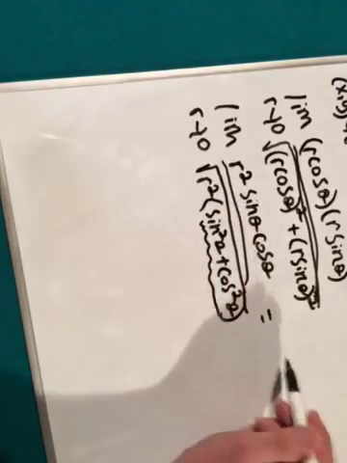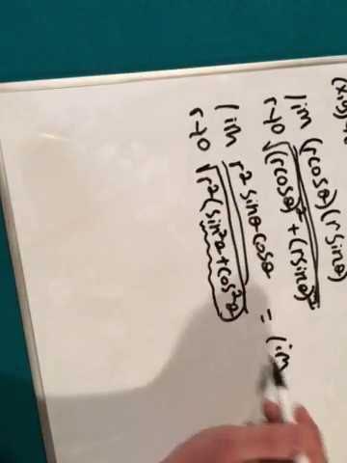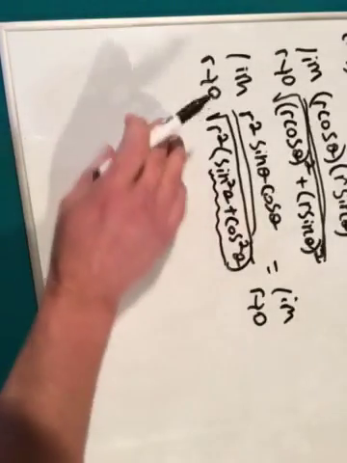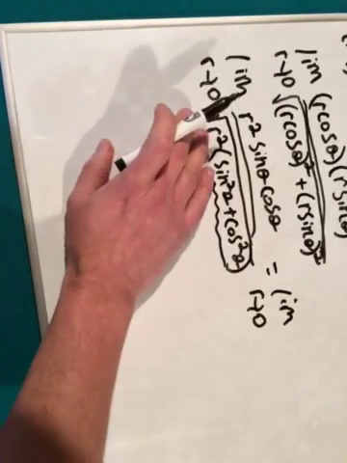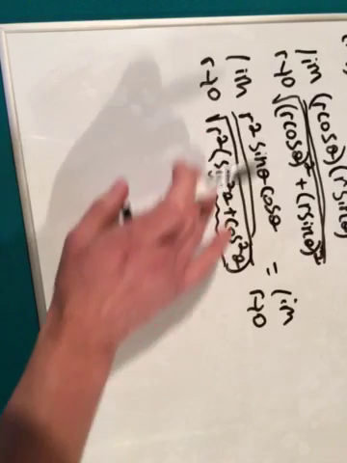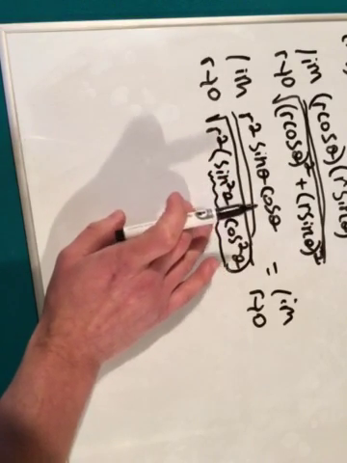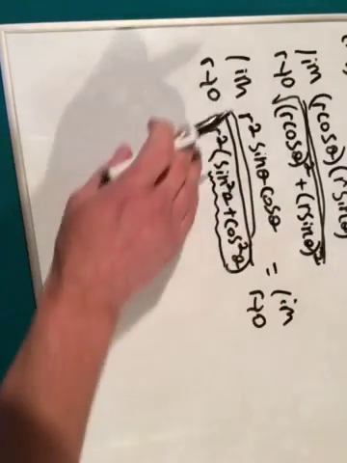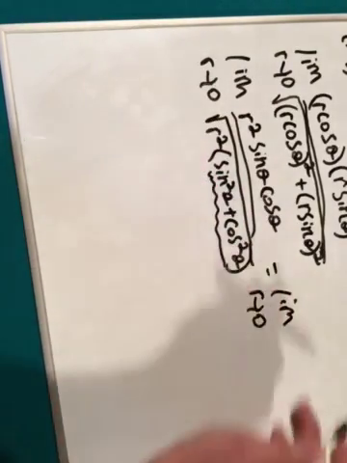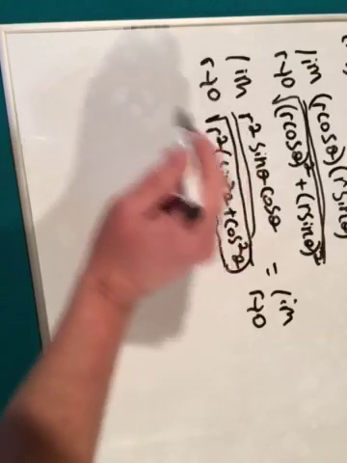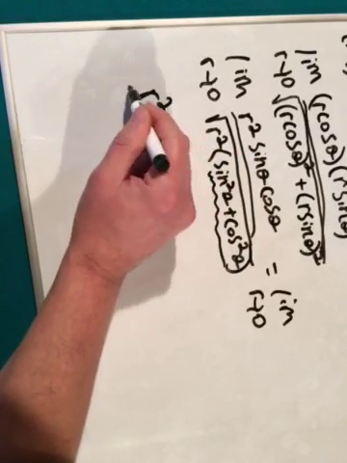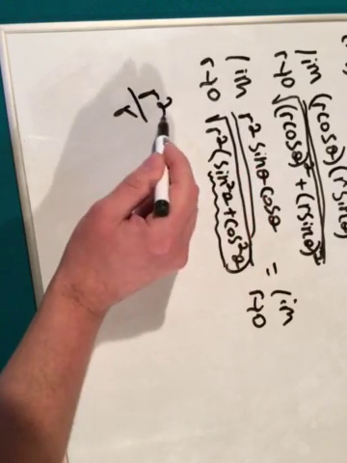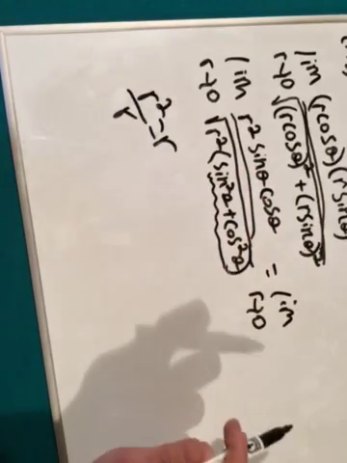So this equals the limit as r approaches 0 of, on the bottom, just r. So we have r squared over r here, and that just becomes r.